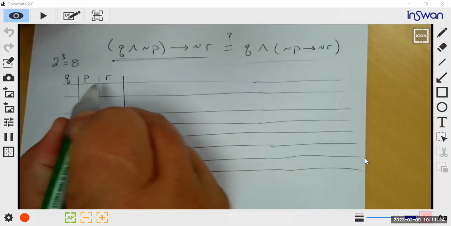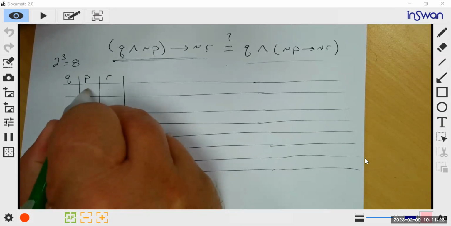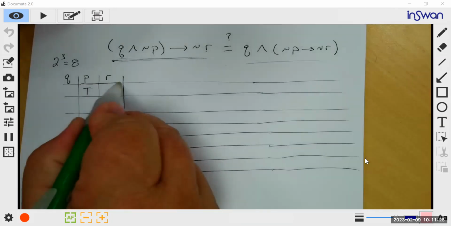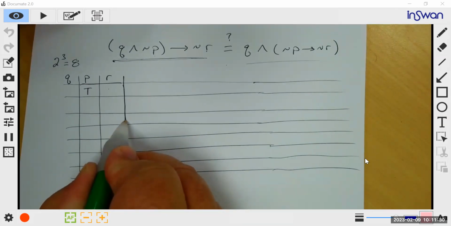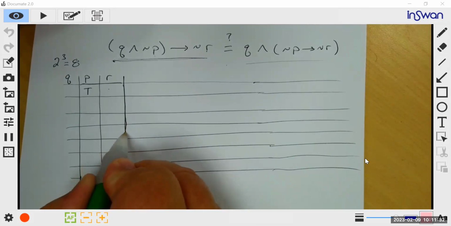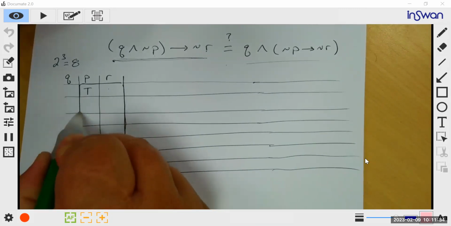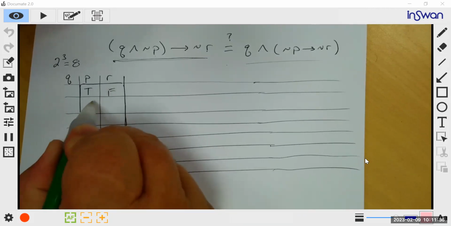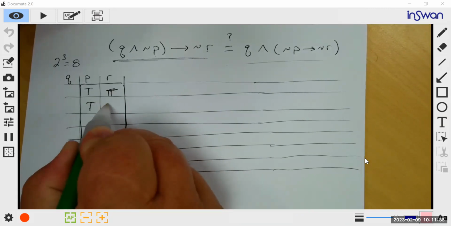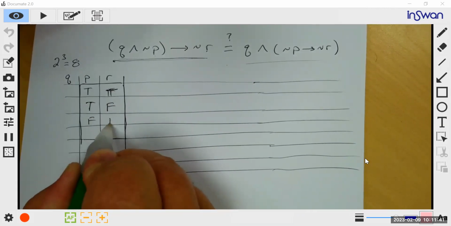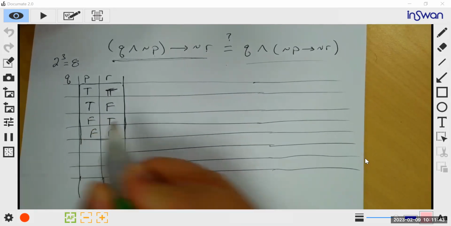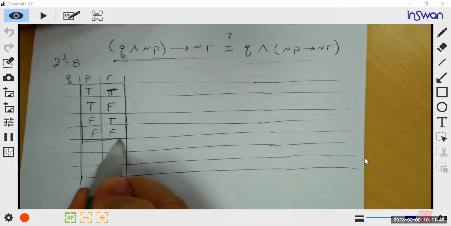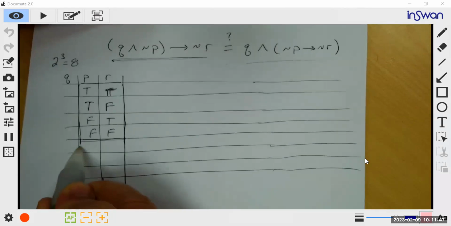So we have to do these 4 first. So it's true, false, true, true, true, false, false, true, false, false. Then we have to do the bottom 4.